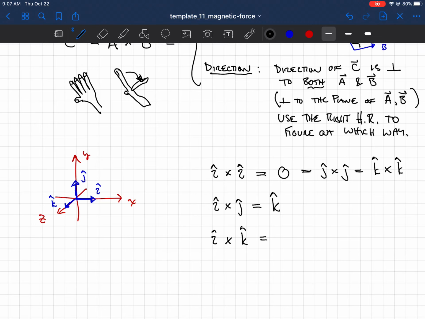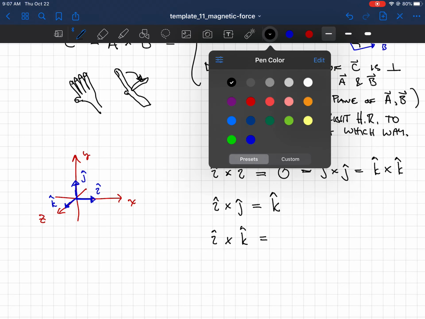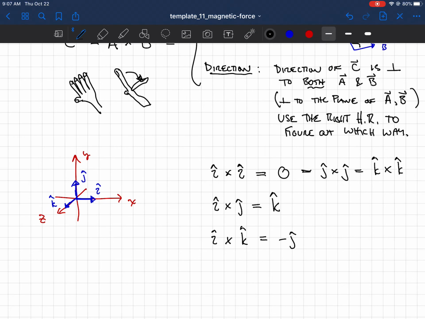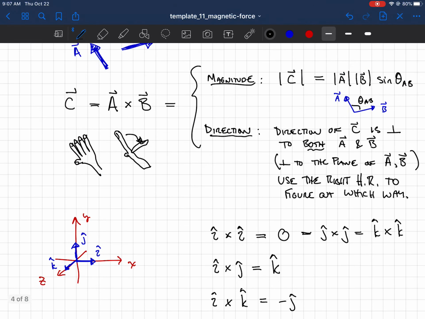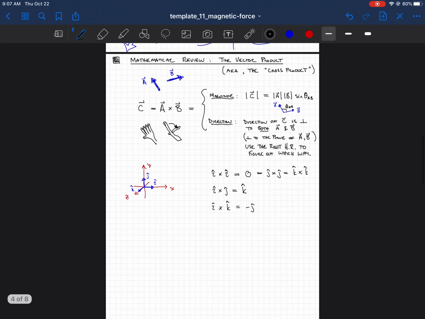I close my fingers out of the page, and then my thumb will be pointing down the page if I do that. And so that means that it's the negative j hat direction that we get for that. So you'll have to practice that in person, but that's the basic idea of how to deal with the vector product.